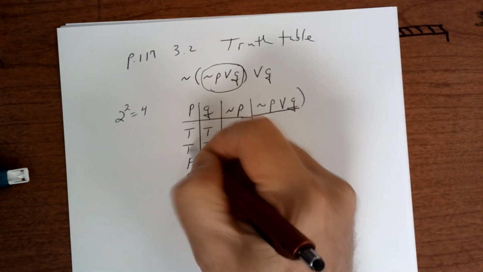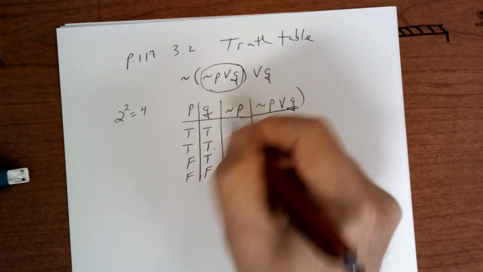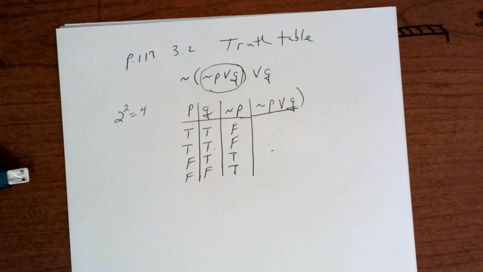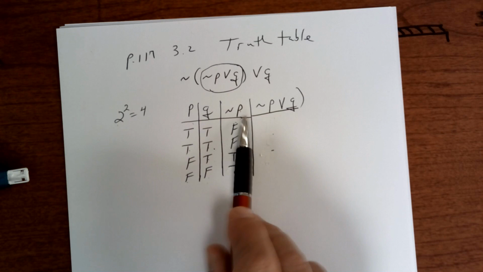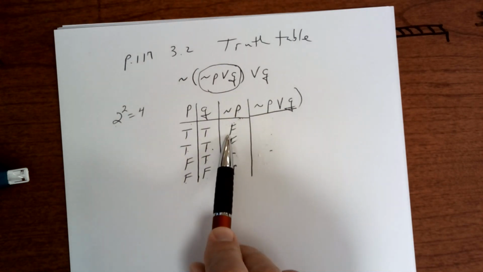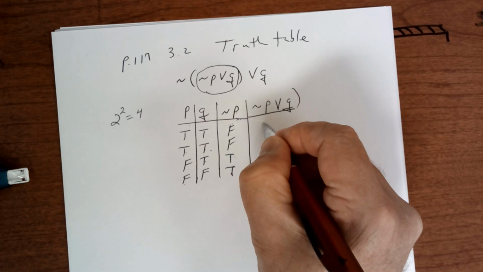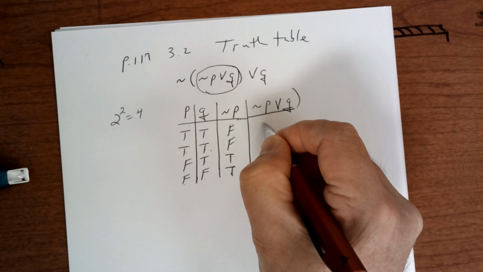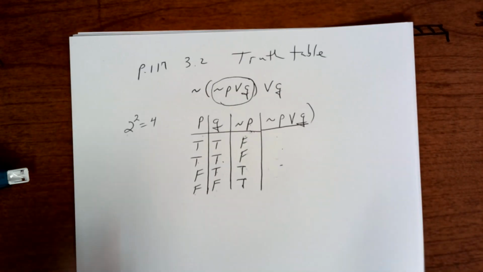Not P, this one would be false. Not P, this one would be true. And not P, this one would be true. Okay, better. Now we want not P or Q. That's these two. So one of them's true. We're going to say true. Okay, and I'm still looking for the false false. So let's see. True, true. Tell you what, we're going to do it again.